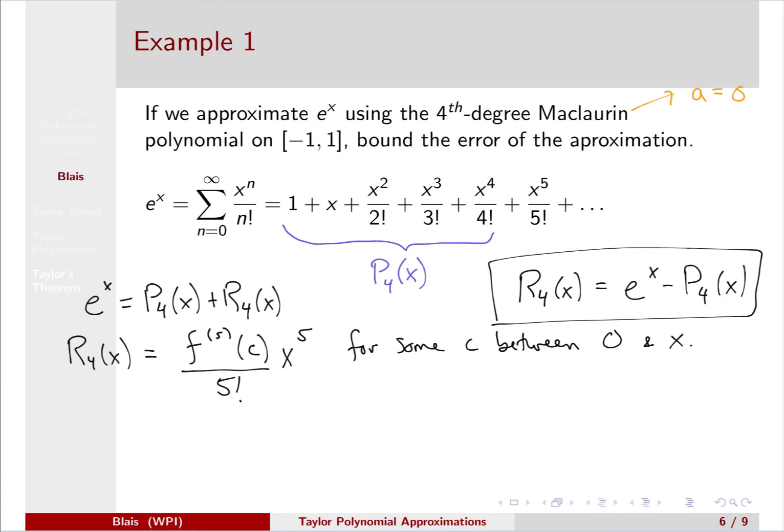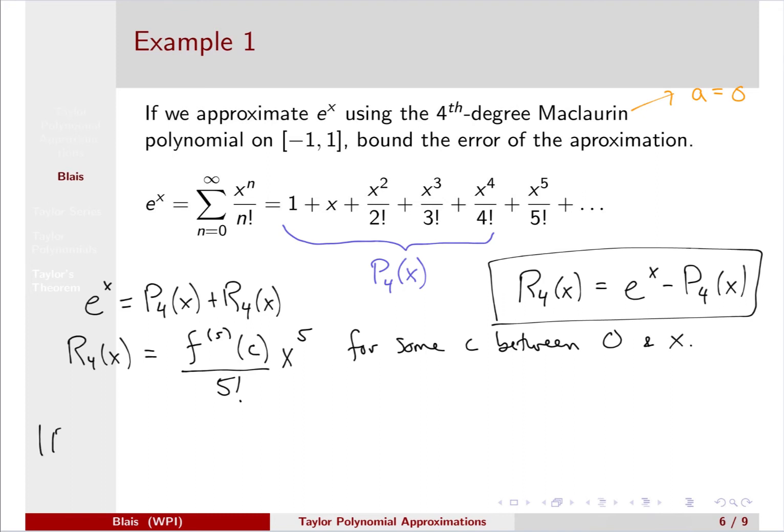Now, we also note 0 is the midpoint of this minus 1, 1 interval. If we were approximating on a different interval, the Maclaurin series wouldn't make sense. You want 0 to be in the interval. You want the a to be in the interval. So, let's take a look at trying to bound the absolute value of this error term.